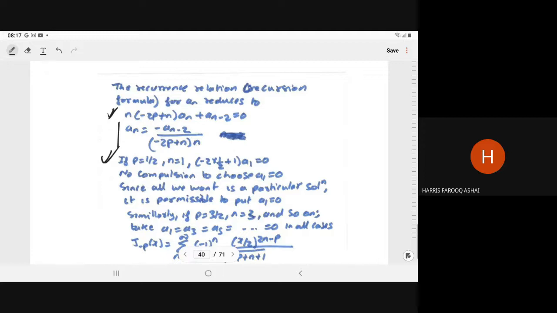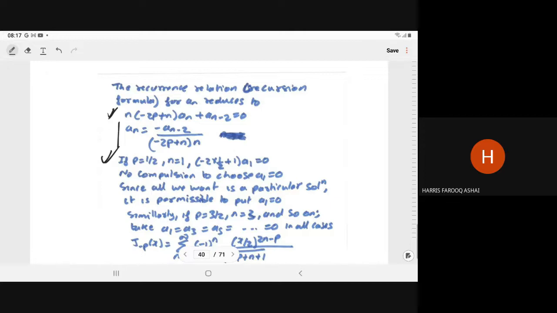When p is equal to 3 by 2, minus 3, and when n is equal to 3, minus 3 plus 3 will become 0. So here we are facing the problem when p is equal to half of an odd integer. In that case we cannot use the recurrence relation. If we are not able to use the recurrence relation, it means you are not able to determine the an's.